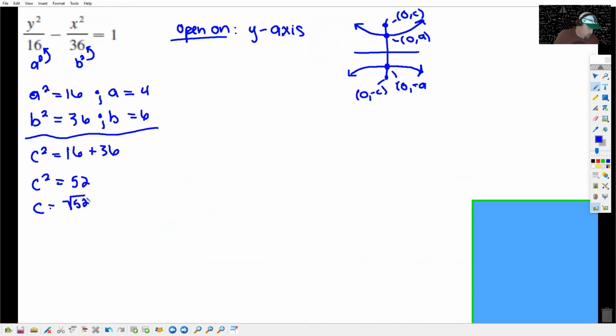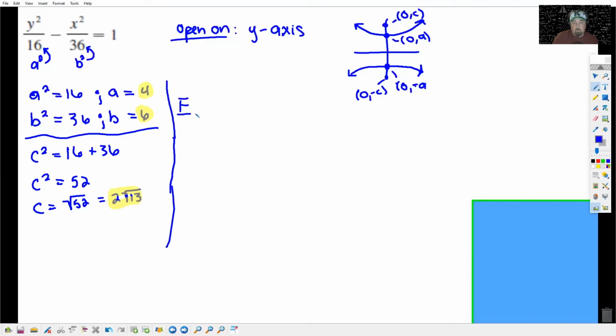So we got to make sure we can't do anything to this. Now I know 52 is divisible by 4. So that's going to be 2 root 13 when we simplify it. So now we found our numbers for c, b, and a. So we can now go ahead and list our important parts of this.